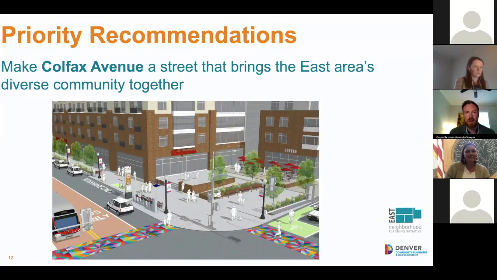It has often been seen as an uncomfortable place to walk along, a boundary, and sort of divisive in terms of trying to cross, more of a street that separates people than brings people together. And so the vision for Colfax is to make it a place that actually unites the different neighborhoods and diverse community members together in a pedestrian-friendly Main Street feel.